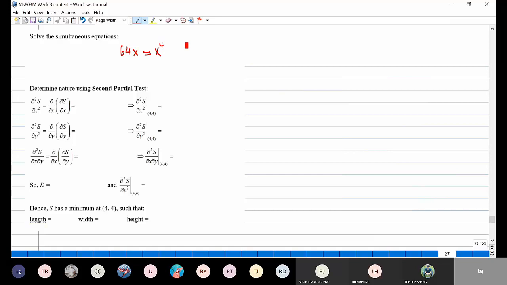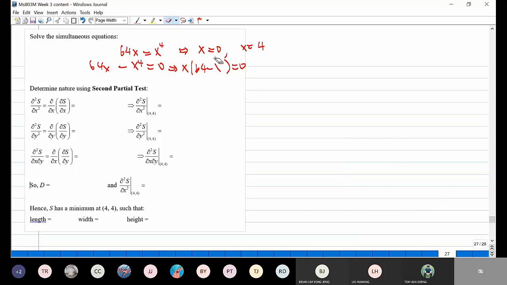So what is x now? That means x equal to 0 or x equal to 4, right? Basically take out x here, 64 minus x cubed. You get x equal to 0 or x equal to 4.